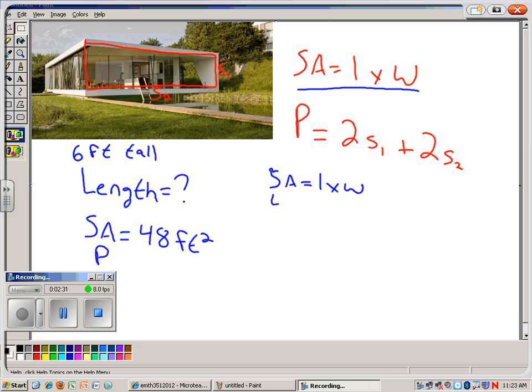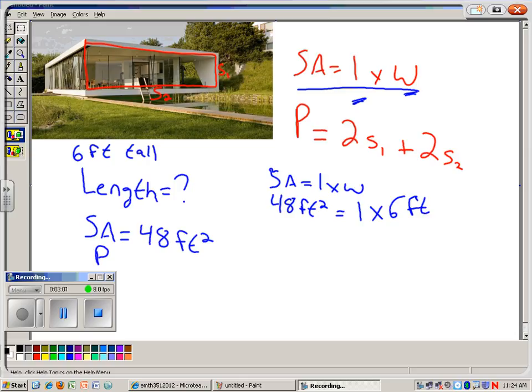So 48 feet squared is equal to, now because we have width and length, what value would side 1 have? It would be the width. So we have length times the width, which is 6 feet.